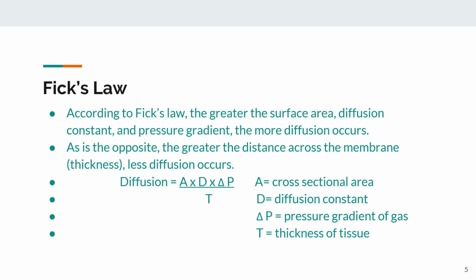So just thinking of how we would look at that. If we look at those different variables there, the A, D, change in P and T, some different things to think about. When we think of area, cross-sectional area, we think of the larger area.